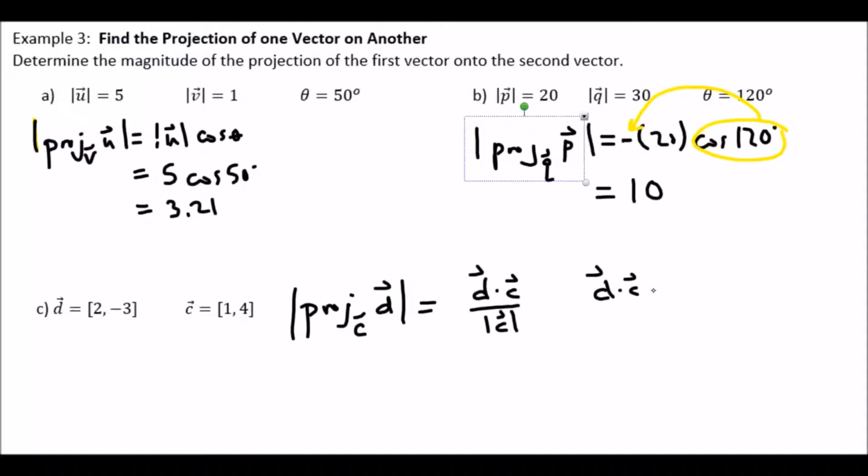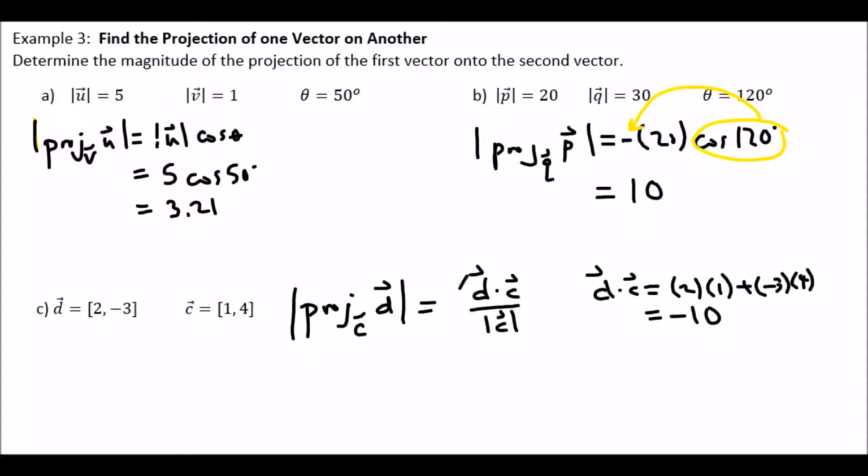The dot product of D and C is equal to 2 times 1 plus negative 3 times 4. So this is actually going to be 2 minus 12, which is negative 10.